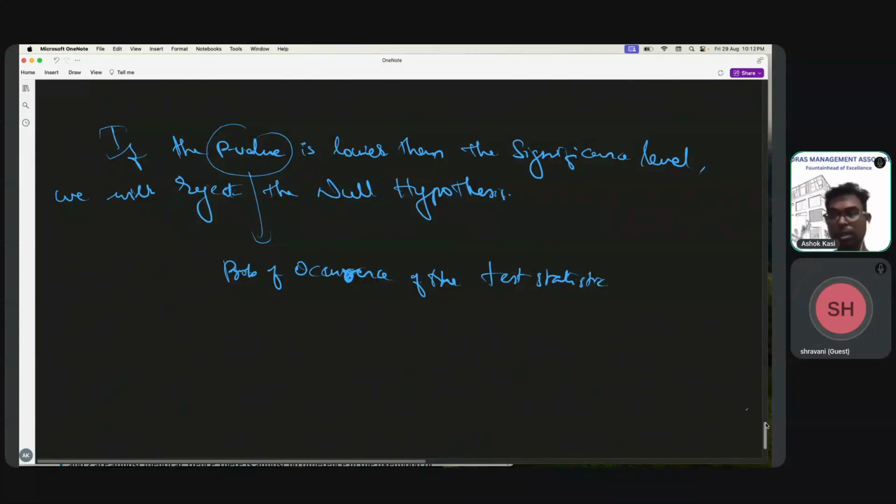Can I say he is a better batsman than Sachin Tendulkar? No, you cannot. Why? Reason being, the number of matches that Sachin Tendulkar played and the number of matches that this newcomer played, there is a vast difference. What he has done in the last 4-5 matches, there is no guarantee that it will be repeated in future. So the probability of occurrence is low, that is the p-value.